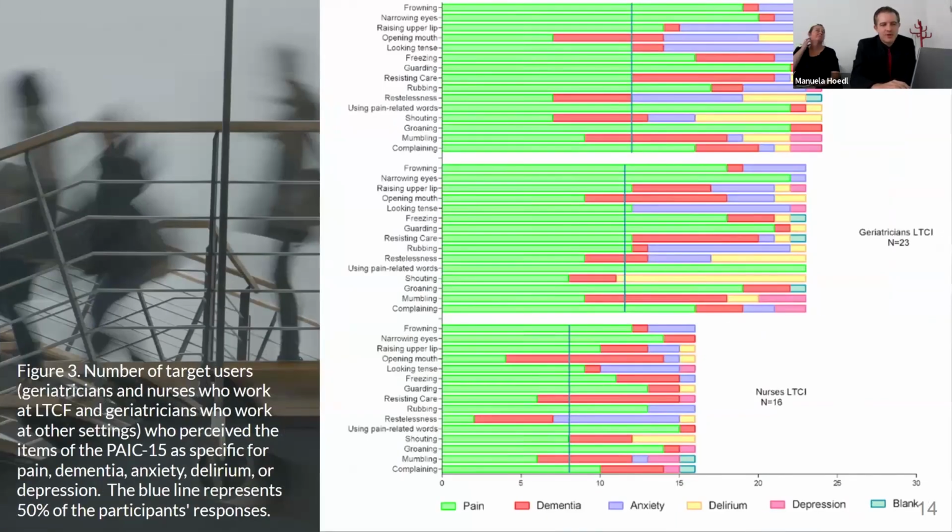And this last graphic shows the number of target users, geriatricians and nurses who work in long-term care facilities, who perceived the items of PAIC 15 as specific for pain, dementia, anxiety, delirium, or depression. Again, the blue line represents 50% of the participants' responses.